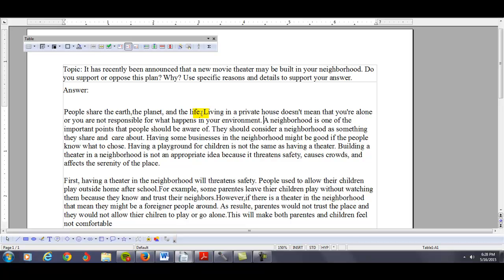And again, with this sentence, you have a neighborhood as one of the important points that people should be aware of. But how does that tie back to the previous sentence? It doesn't really. So what you have to do is, if you look in your writing book, you'll see that a writer typically will take one word in one sentence. When the writer moves on to the next sentence, the writer will take one of those key words and restate it. And then it makes it all connected.